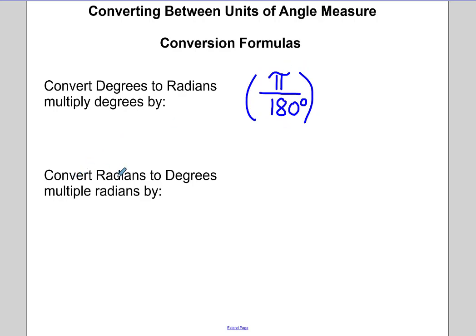And if you want to convert radians back to degrees, we just do the opposite. Multiply our radian measurement by 180 and divide it by pi, because we want the radian measurement to cancel. Whatever you want to keep is the relationship that's on the numerator. If I want to keep radians, I put pi in the top. If I want to keep degrees, I'm going to put degrees in the top.